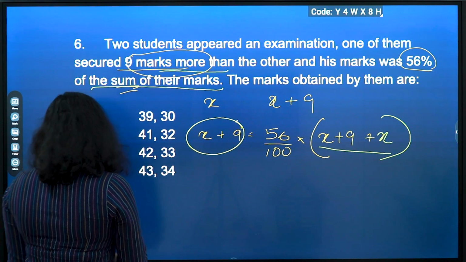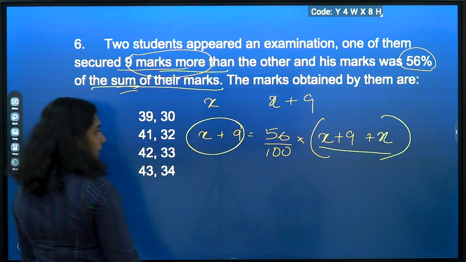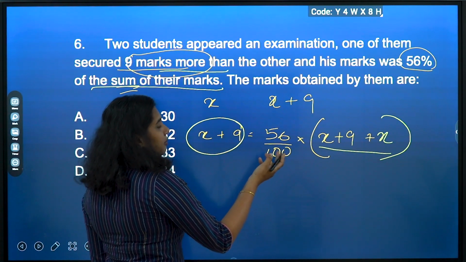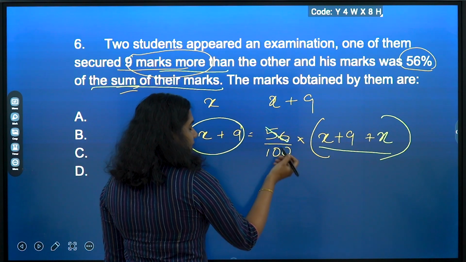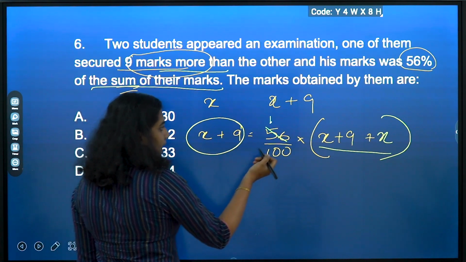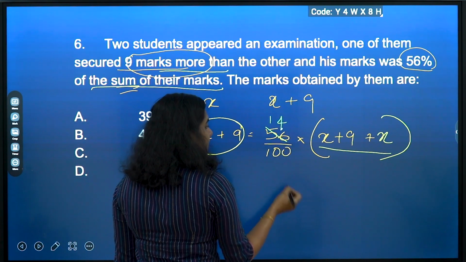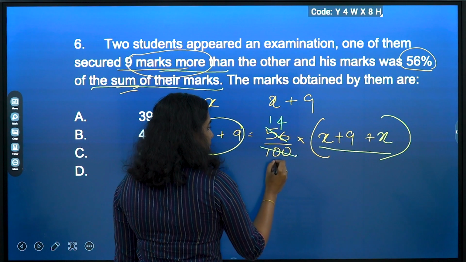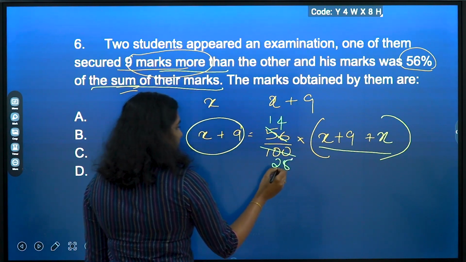So if you do this, you can cancel this, right? You can divide it by 4. So if you simplify this, 4 in 56 is there 14 times, and in 100, 4 is there 25 times. So you can bring this 25 here.